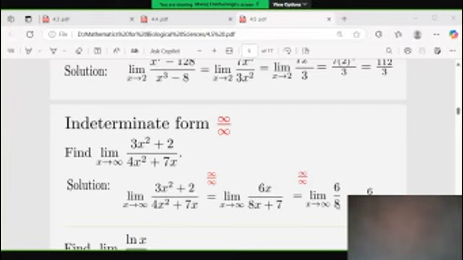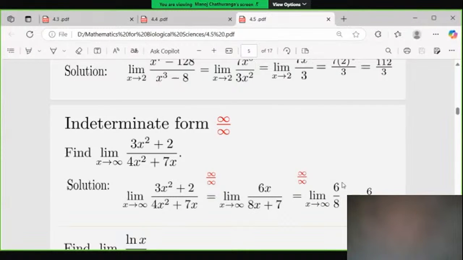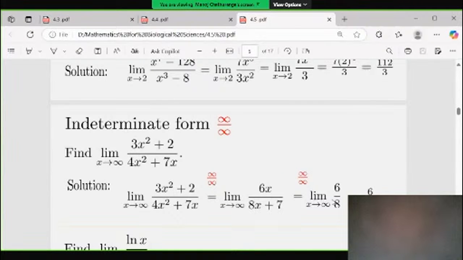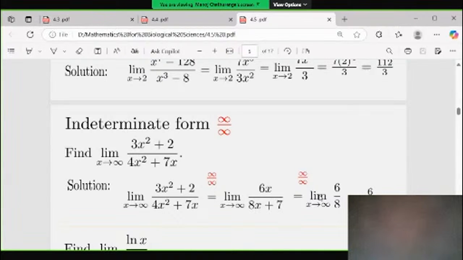Now I get something free of x terms. The limit as x goes to infinity of 6 divided by 8. 6 divided by 8 is a finite number. It has nothing to do with x. It doesn't care about limits because it is a number.